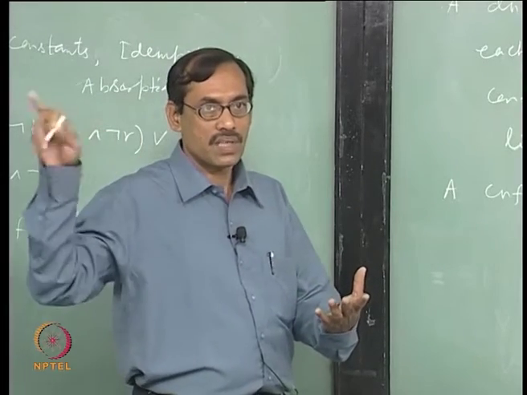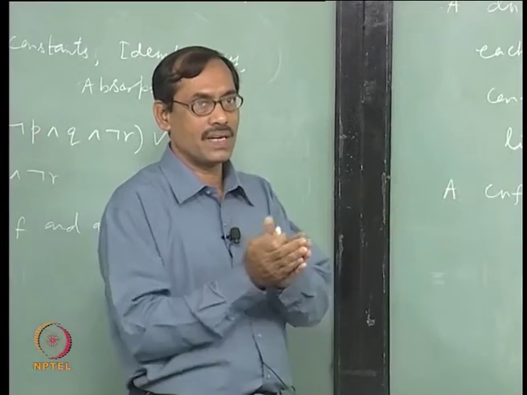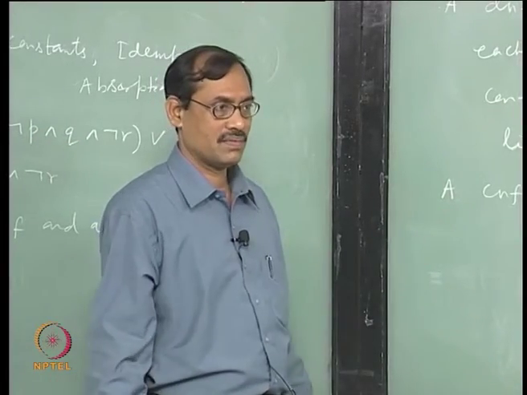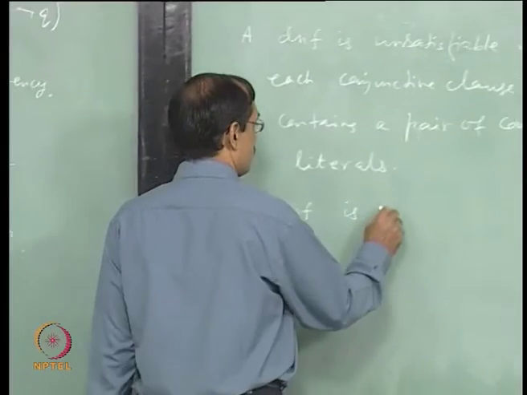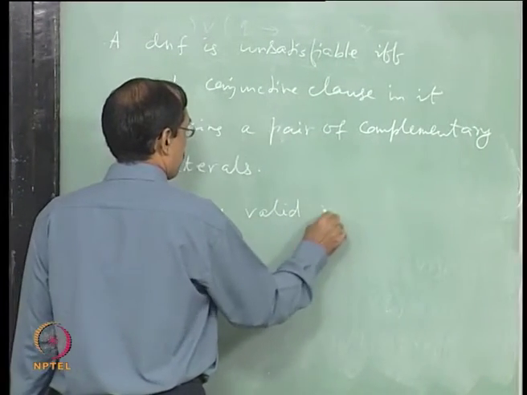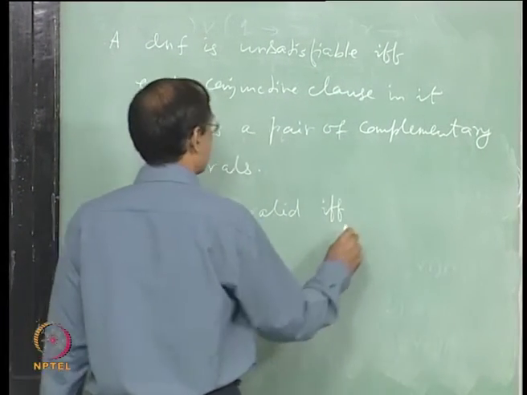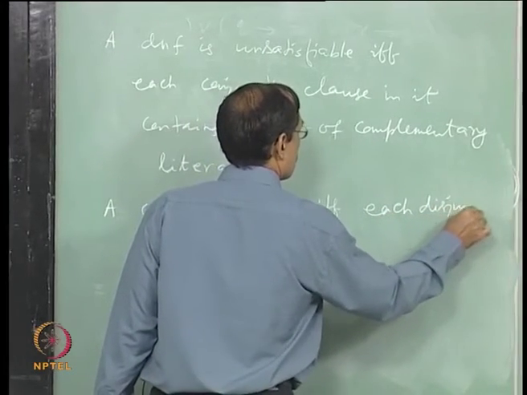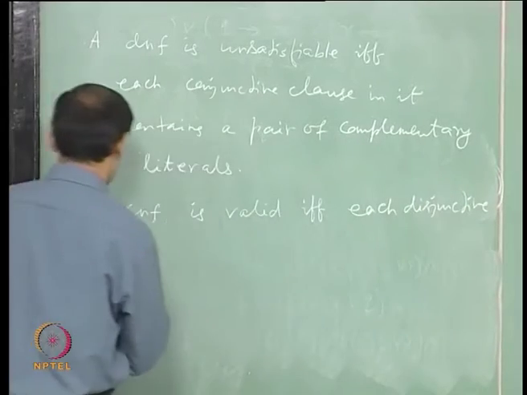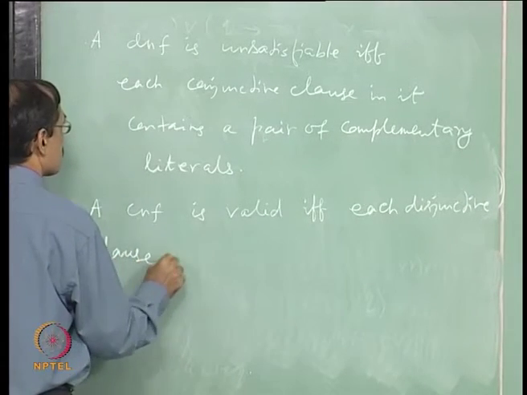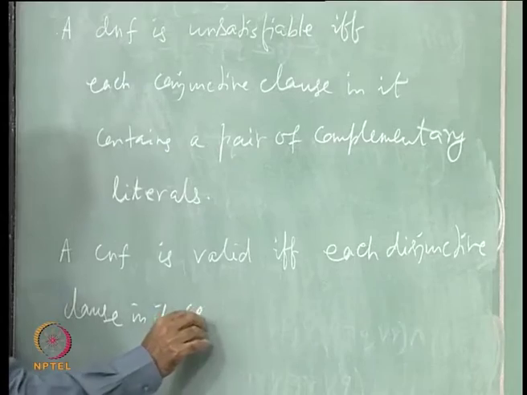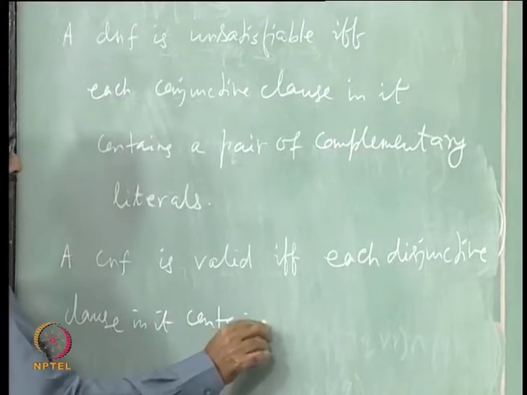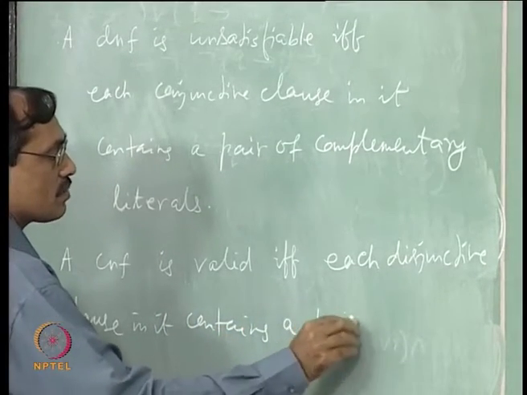Now, every clause is top, they are ANDed together, so finally it is top, right. So, CNF is valid if and only if each disjunctive clause in it contains a pair of complementary literals.